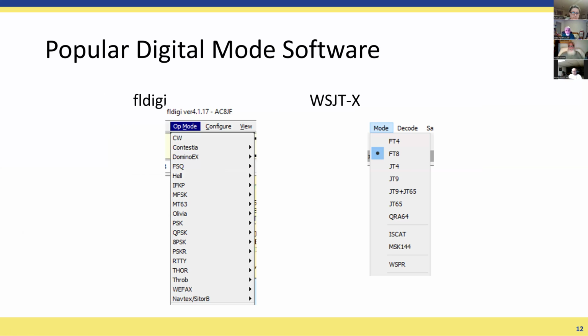So to give you some idea of how many modes there are, I just took the mode selectors from the two most popular digital mode programs, and there they are. There's a huge list that we are not going to go through. On the left are typical digital modes that have evolved over a long period, and on the right are weak signal modes, which are generally a lot more recent.